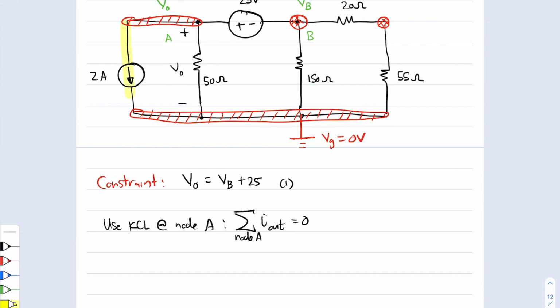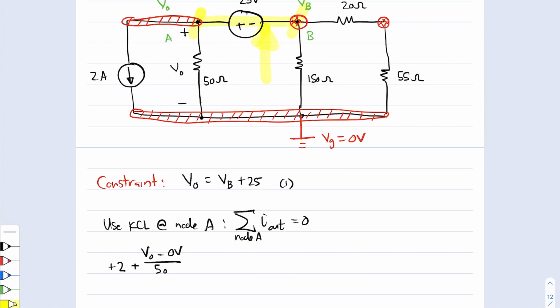Let's actually take a look at that node. Here we have 2 amps flowing out, so we have plus 2. We have a current flowing from there to there, and that is plus V naught minus the ground node, so 0 volts, divided by the 50 ohm resistor. Then we would want to say this node voltage minus this node voltage divided by the resistor that this is going through.